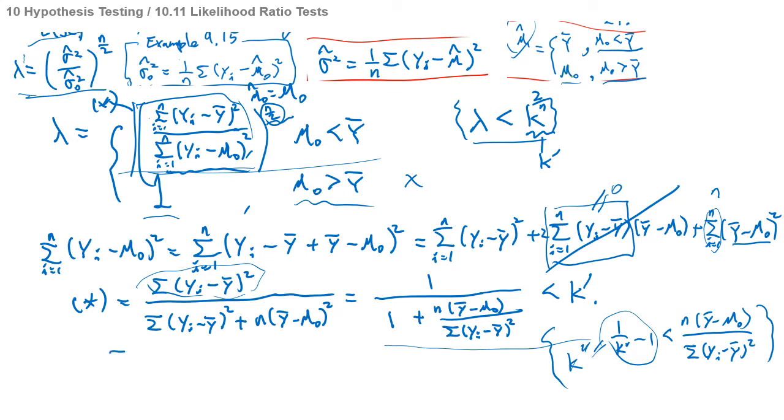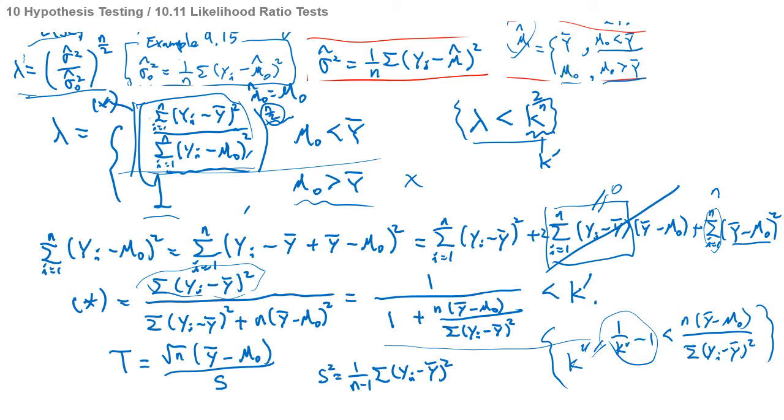The t statistic is square root of n times (y bar minus mu 0) divided by s. This is our t statistic, and here s squared is 1 over n minus 1 times the sum of (yi minus y bar) squared.